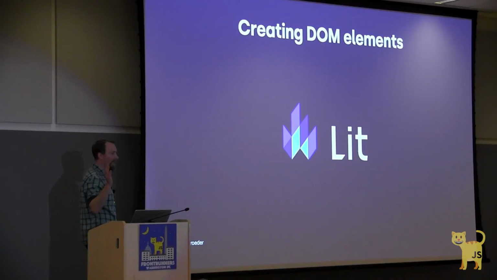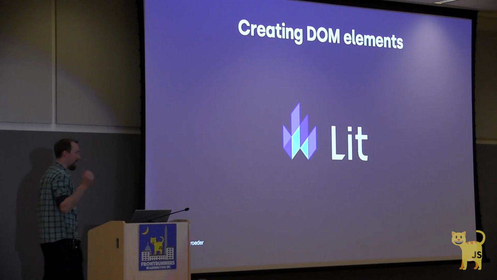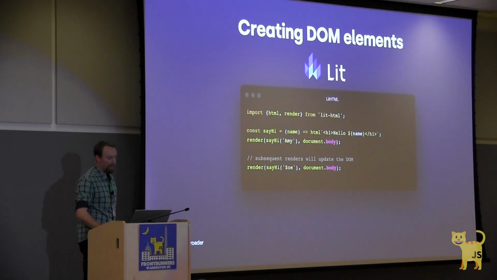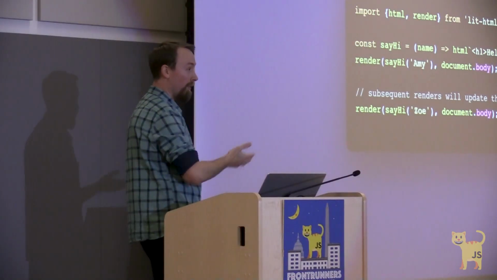Is anybody familiar with lit HTML? All right, weak map guy again. Awesome. Lit HTML is really cool. It basically uses these to allow you to create a sort of framework, where you say HTML on the front side, and then it gives you back, you don't have to give a string back. Like you saw, we gave DOM elements back.